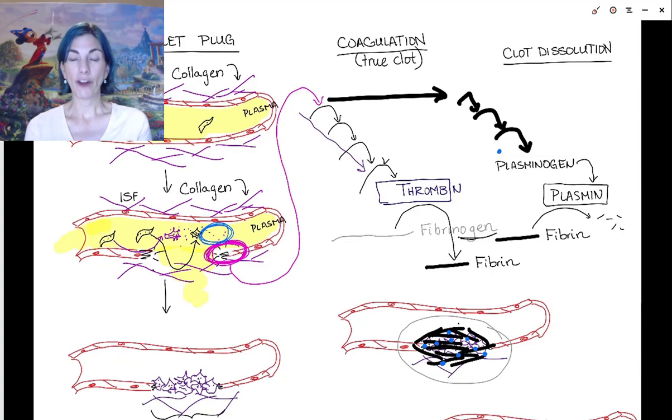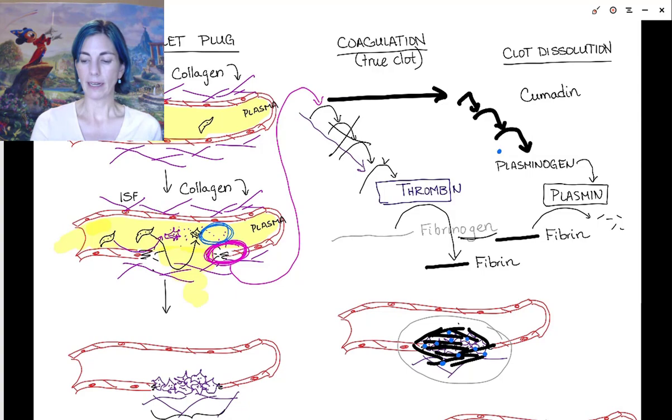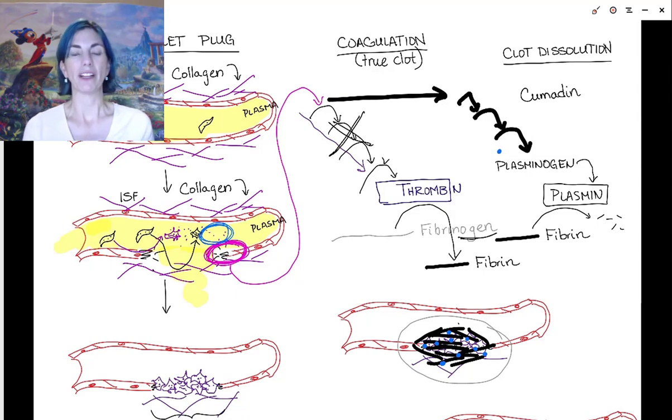So interfere with the platelet plug or interfere with the coagulation cascade. I do expect you to memorize these because they're not terribly complicated. Aspirin is going to interfere with the platelet plug formation. Coumadin is going to interfere with the coagulation cascade. So it kind of treats you a little bit like a hemophiliac.